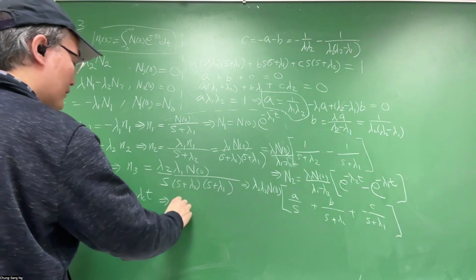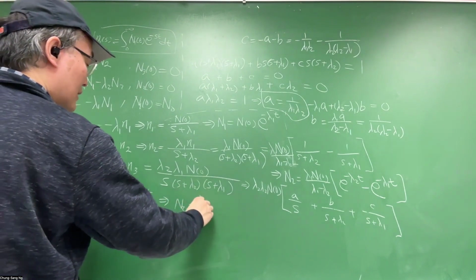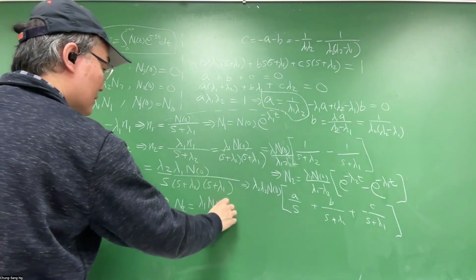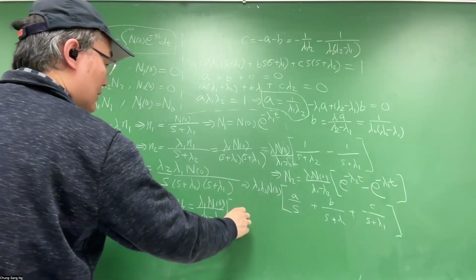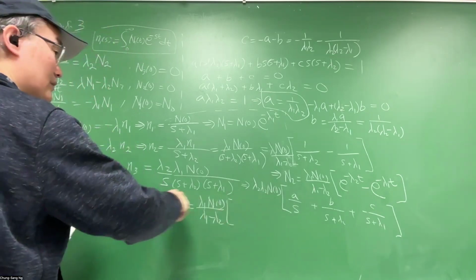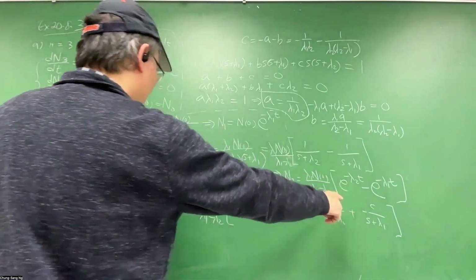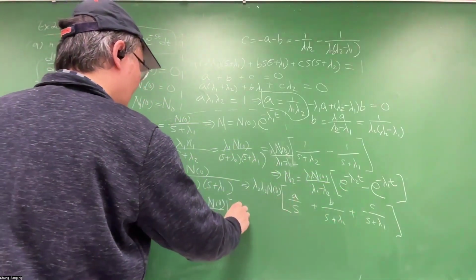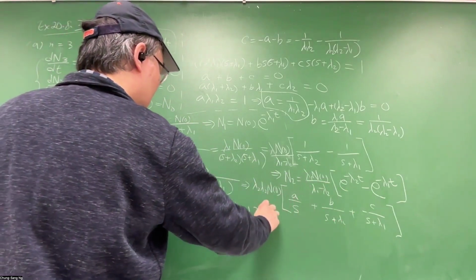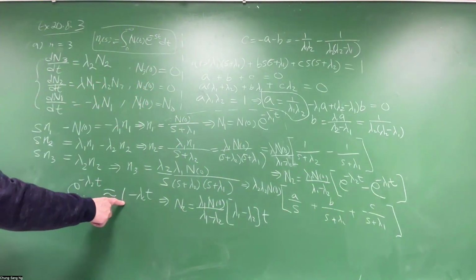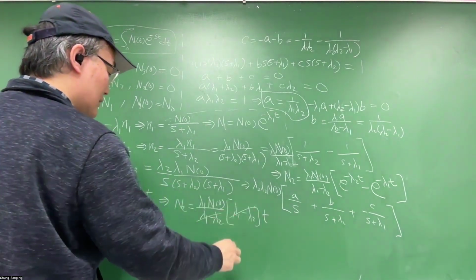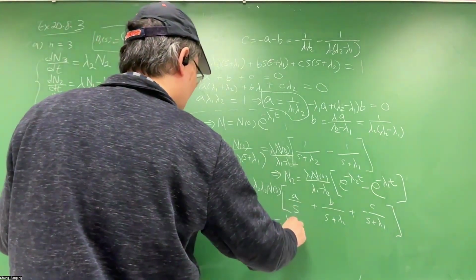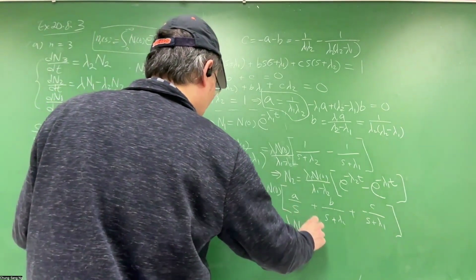So this implies that n2 would be 1 minus the other term, and using this kind of approximation and subtracting, you get 1 minus 2 plus t, because the constants cancel. So you cancel this 2, you get 0.